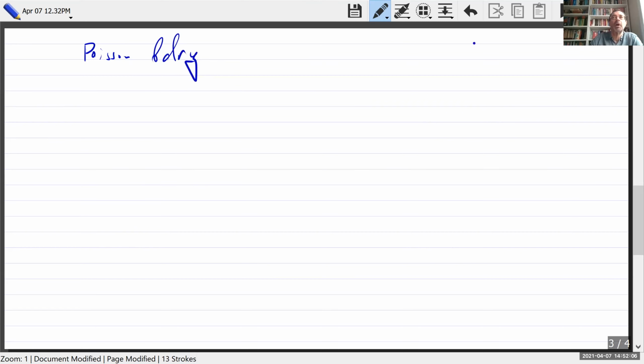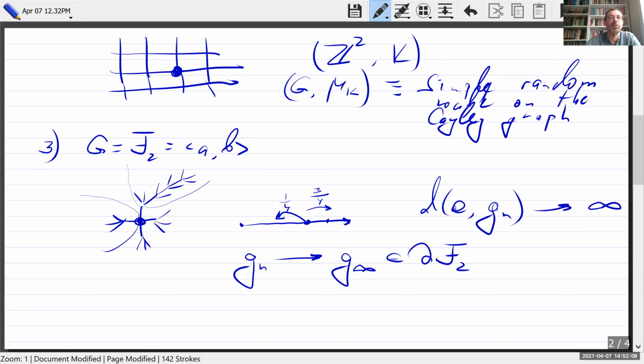So what do we have here? Let's look again at the previous situation. We have our group, our state space, and we have a certain boundary space. And then we know that the sample paths of our random walk converge at infinity.